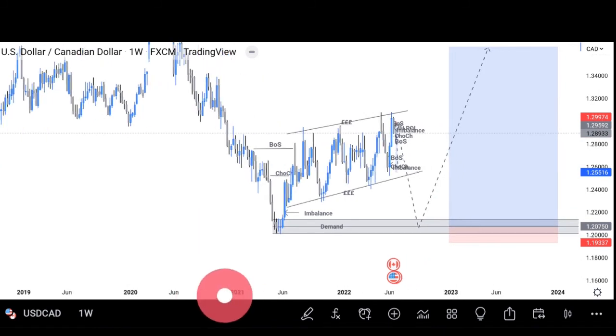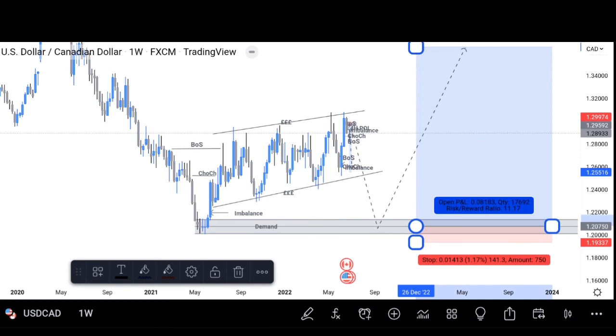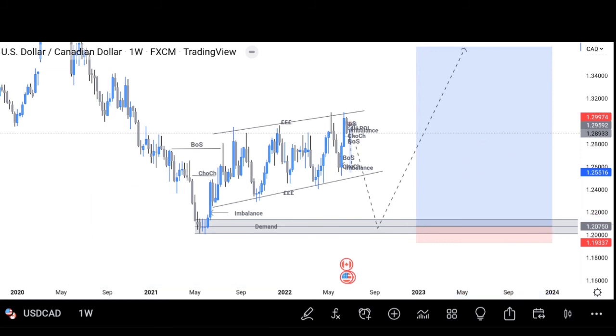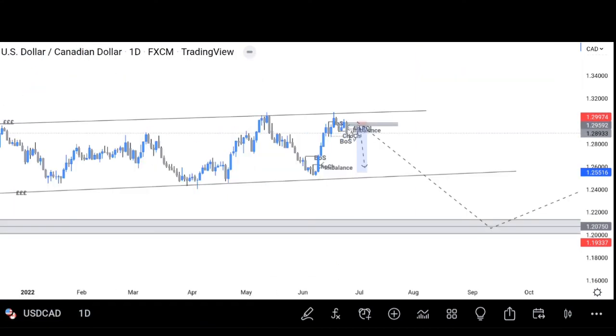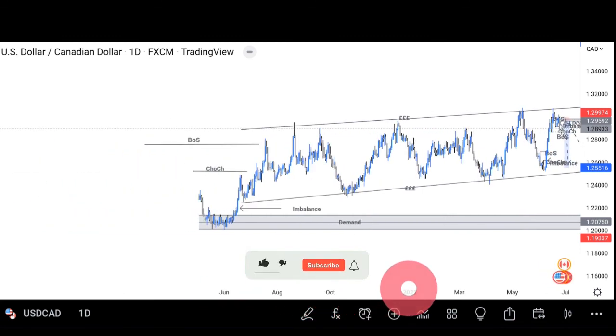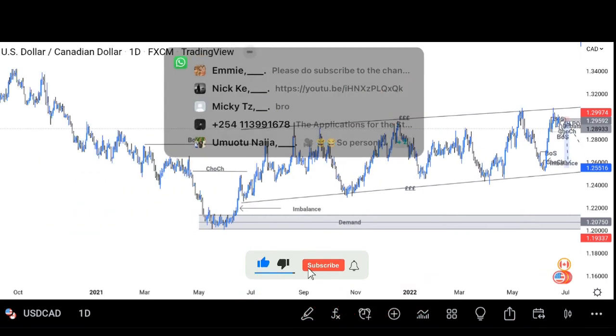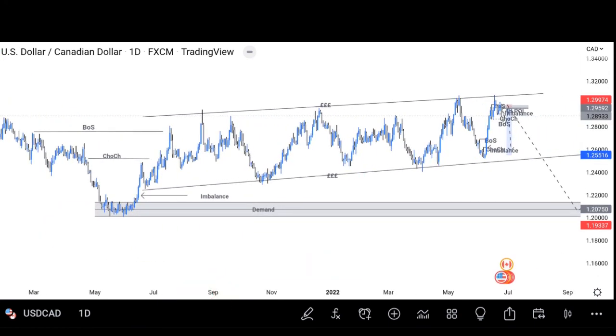So, as you can see, I have two trades. The first trade is a buy trade at the weekly chart and at the daily chart. And I've already given you my bias, which is why I think the price will buy after hitting our weekly and daily extreme demand zone.